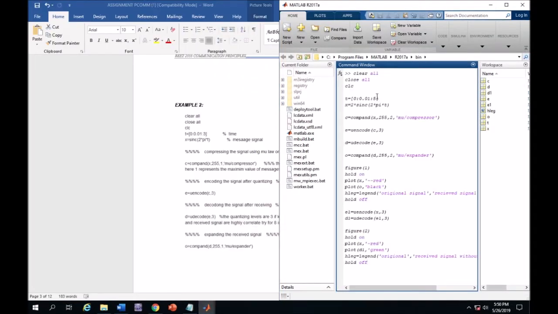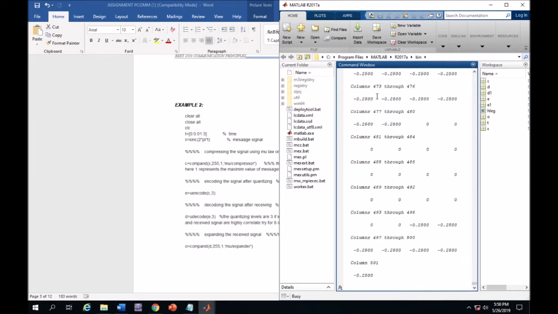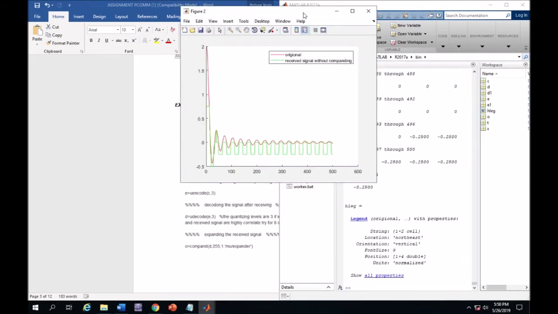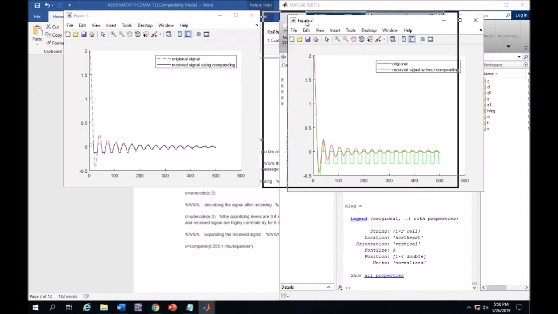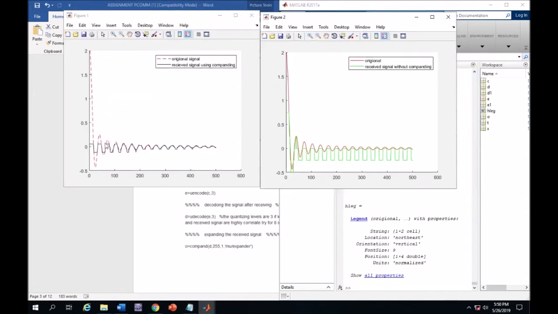Okay, and then enter. Okay, and we get this result. Two graphs. Okay, analog signal. This graph combines the full graph, analog signal until square signal.